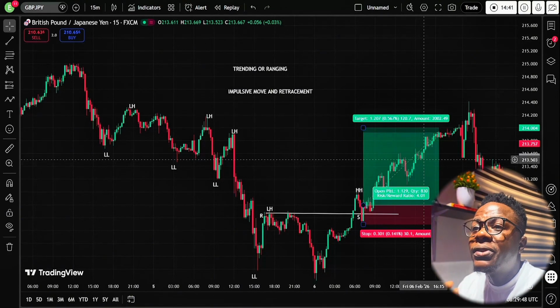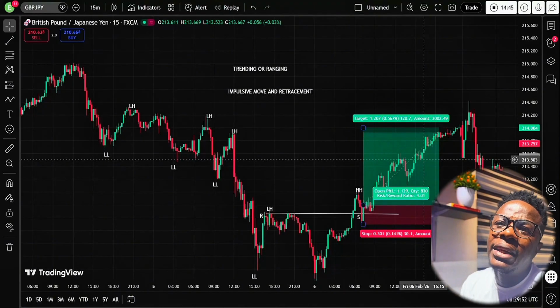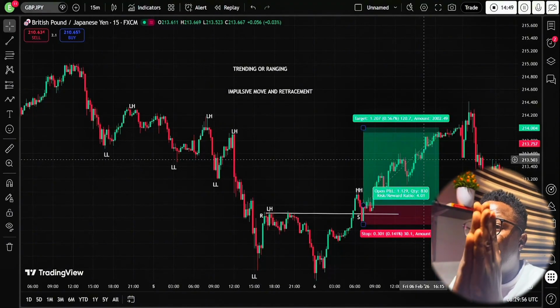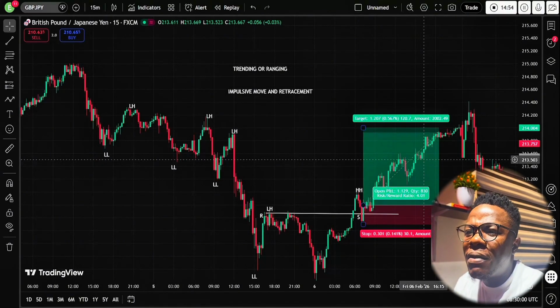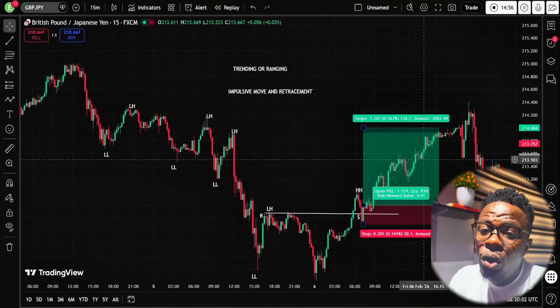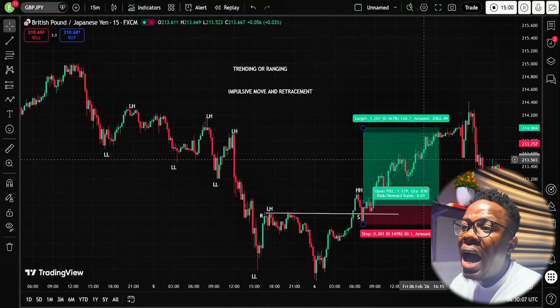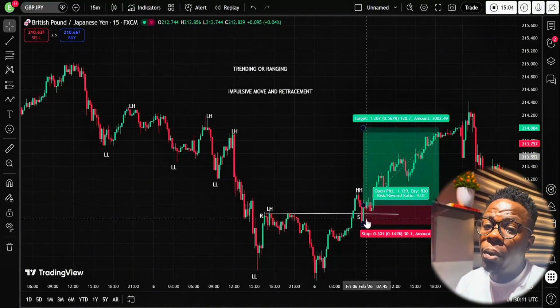Now, can you see how simple this was? This was taken from my simple understanding of market structure and price action, right? Market was trending downward, forming series of lows. Then I discovered that the low was broken to form a new high. And immediately that high was formed, I waited for a retracement back to my support level.